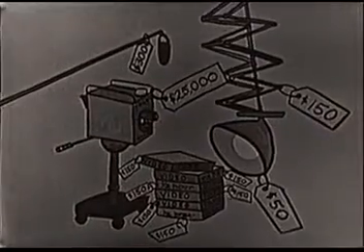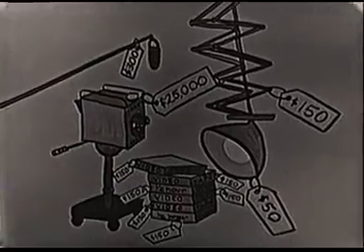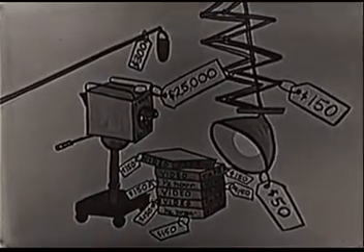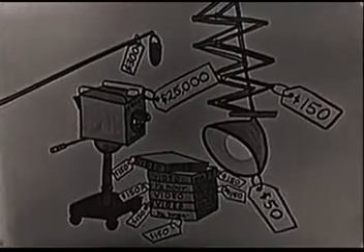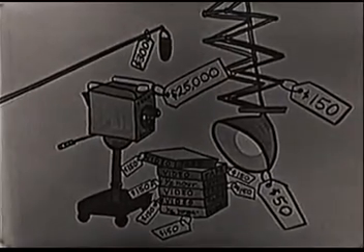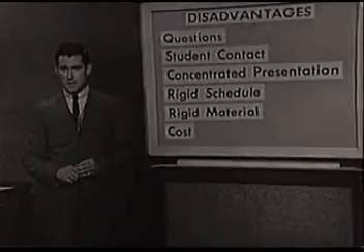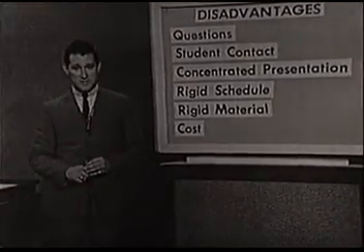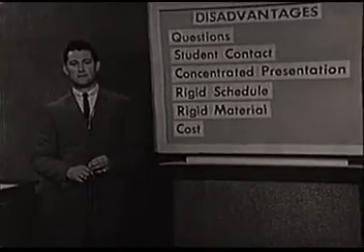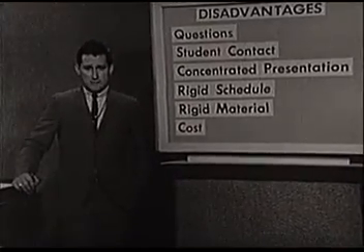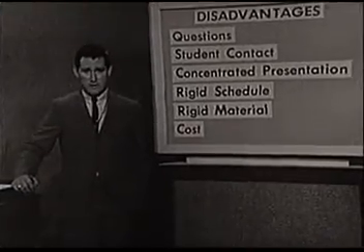Visually, we might indicate that as you see here, and we're simply indicating primarily that initial equipment costs are very high in something of this nature. So in particular, there are disadvantages, and the major ones we have attempted to list and clarify.